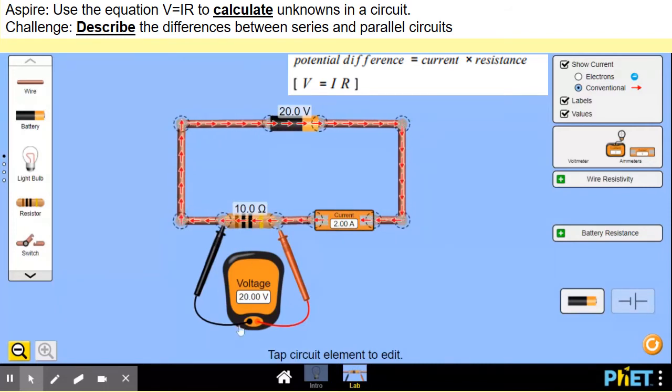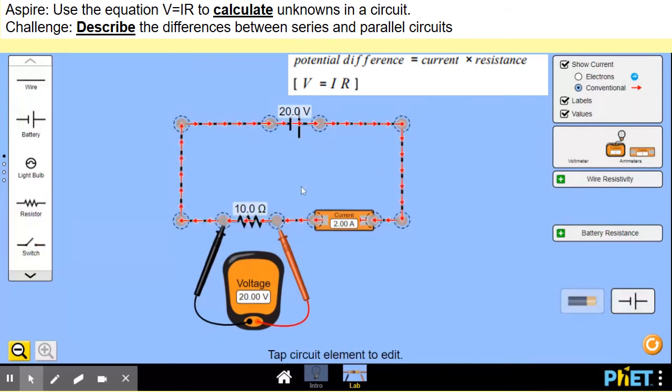And we can see the voltage across that 10 ohm resistor is 20 volts because we've just got one component in the circuit, so it will have all of the potential difference from the cell across it, assuming that we're not losing any energy through these wires.